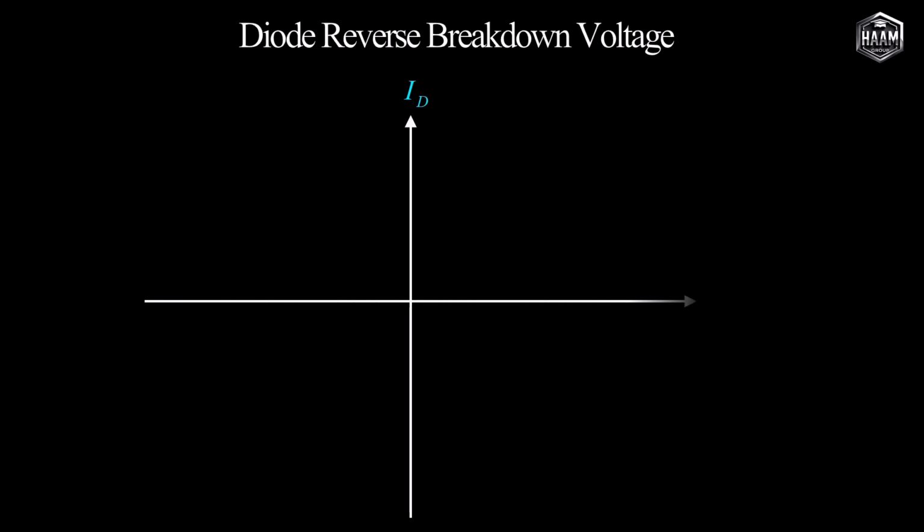We now turn to the reverse breakdown voltage of the diode. In the conduction region, once the voltage exceeds V sub gamma, the current transitions to its exponential form. Prior to this threshold, the current remains approximately 0, and V sub gamma, as noted, represents the threshold conduction voltage.